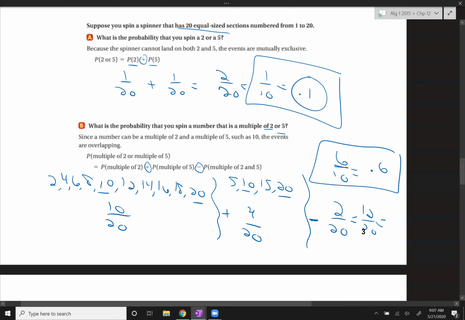This will vary whether we take decimal or fraction as we deal with anything. Of course, if you can leave it as a fraction, we do have to make it into 3/5, but I stopped at 6/10 so we can get the 0.6 really easy. Multiples of 2, multiples of 5, just counting by 2, counting by 5, saying how many there are, since our spinner goes up to 20 this time.